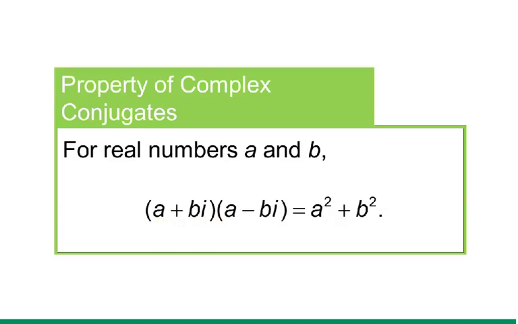In this set of parentheses, we have a plus bi. In this set of parentheses, we have a minus bi. Nothing changed about our real numbers, a and b. The only thing that changed is the sign in between them. Those are conjugates. Okay? Just change the sign in between.